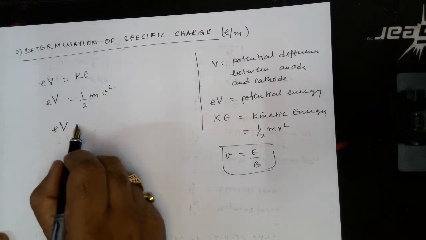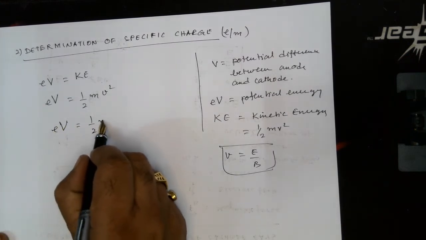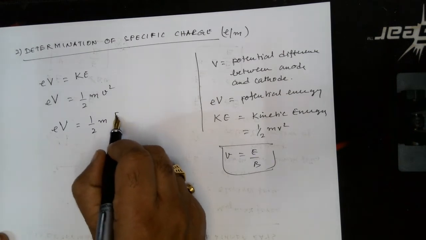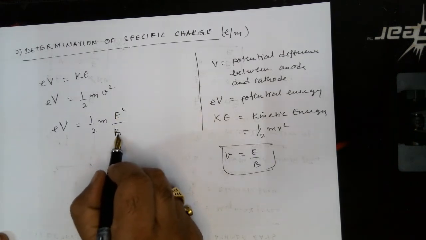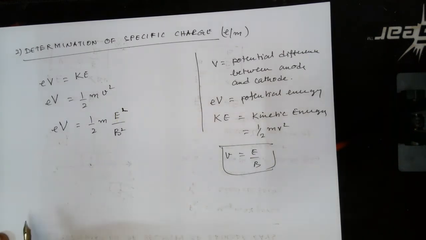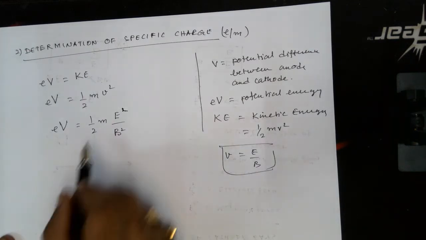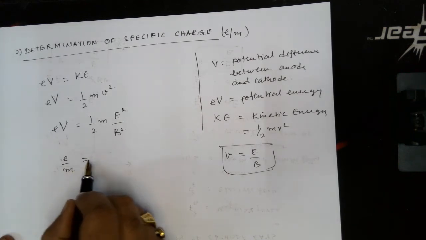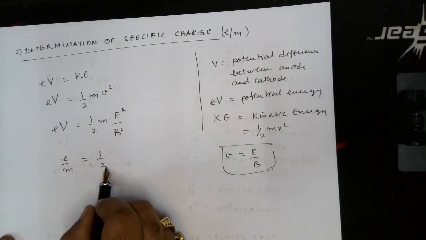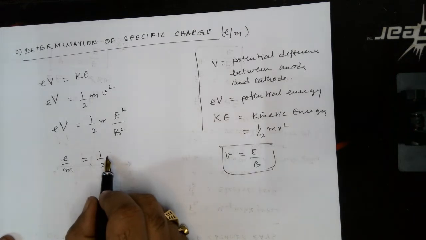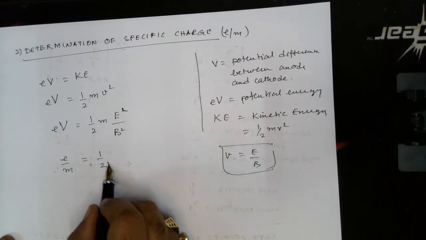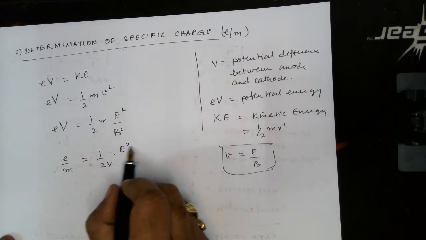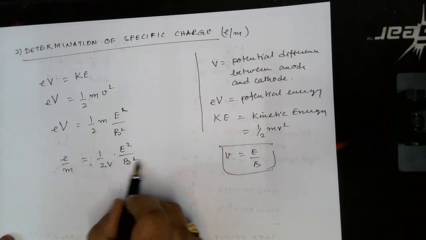So electron volt is equal to 1 by 2 into m into E squared divided by B squared. And we can bring this m this side, therefore e by m is equal to 1 by 2 into V, then E squared by B squared.